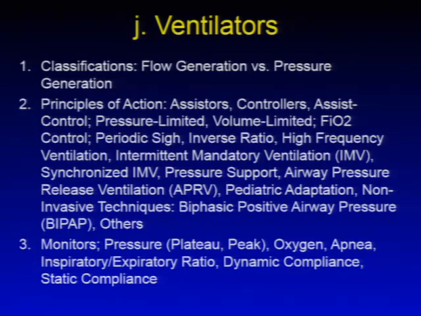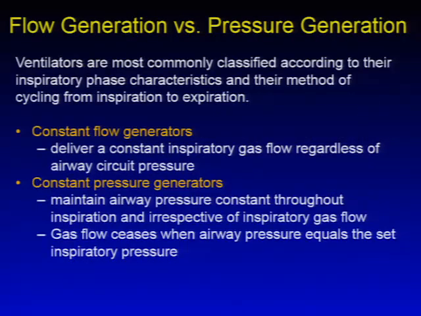Ventilators. There are a number of concepts you have to understand. Flow generation and pressure generation: ventilators are most commonly classified by either of these. Constant flow generators deliver constant inspiratory gas flow regardless of airway circuit pressure.